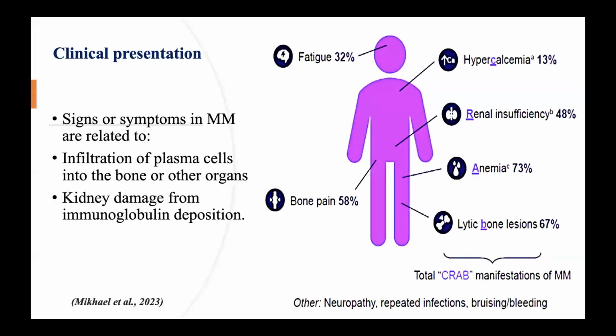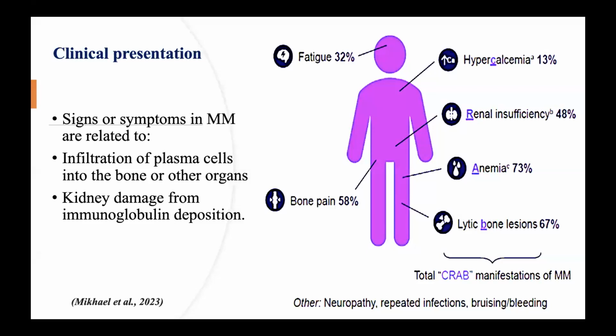Finally, on the clinical presentations, the signs and symptoms of multiple myeloma are related to two things. One, the infiltration of plasma cells into the bone and other organs. Two, kidney damage from immunoglobulins that are deposited in the kidney.